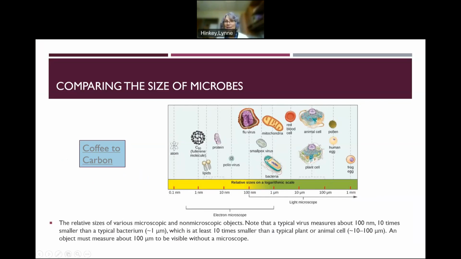So proteins must be smaller. Proteins are a macromolecule, a big molecule, but they're still smaller. They're the building blocks of larger things. So they are one of the building blocks that make up viruses. So obviously proteins, the building blocks, have to be smaller than the entire thing.